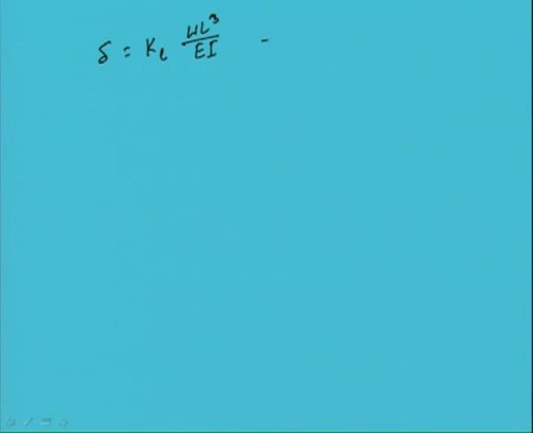So, from here I can write WL by I is equal to delta into E by KL into L square. This is one equation I am keeping here.